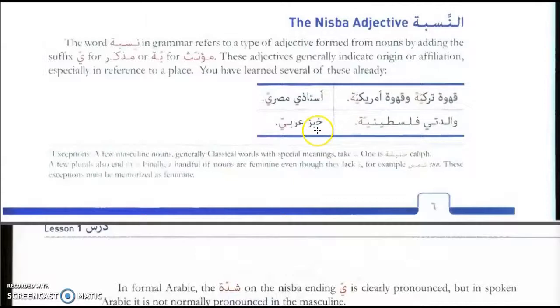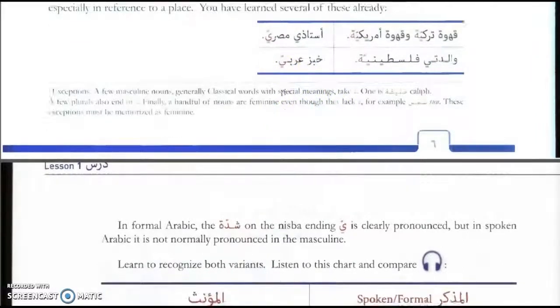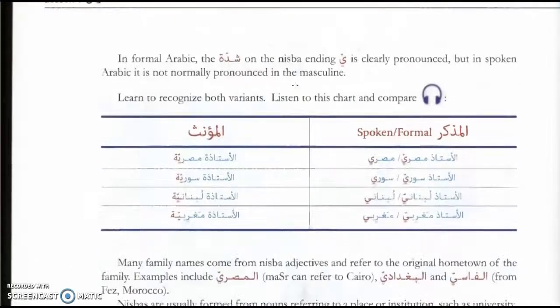And the last one, khubz Arabi. Khubz is a masculine noun. And if we're going to modify it with an adjective, we give it just the i suffix. So this is Arabic bread, khubz Arabi. Notice that adjectives follow the noun that they modify. Most languages actually do that. English is exceptional.